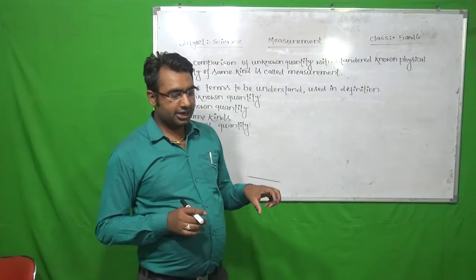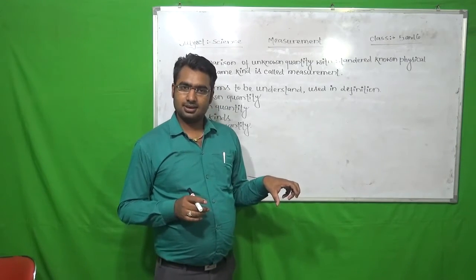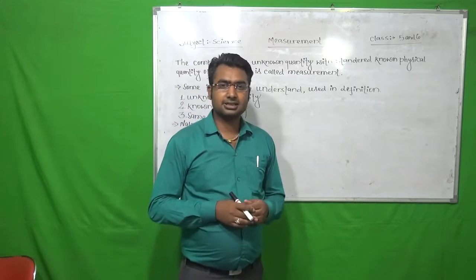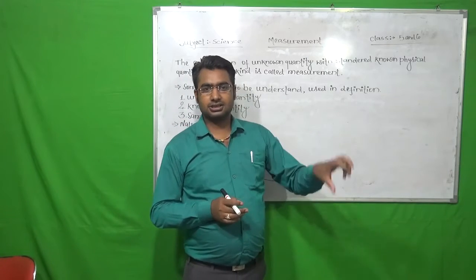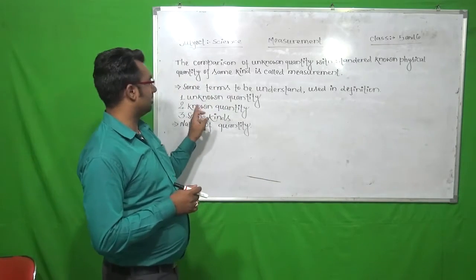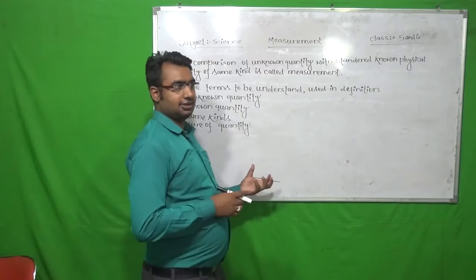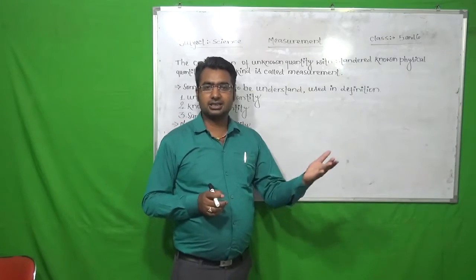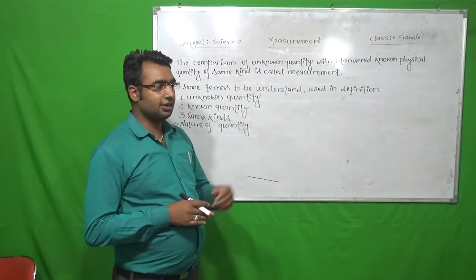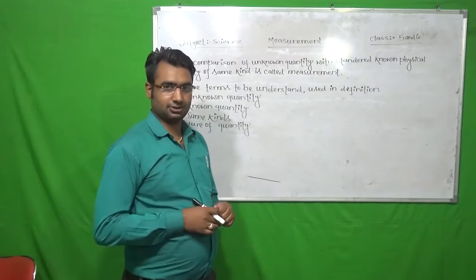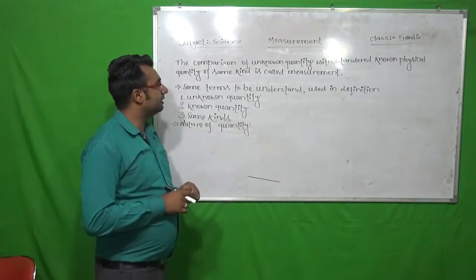So when I compare myself with the balance, that balance is considered as the known quantity, because in that balance we can see the scales are already drawn, which helps us to know my weight.